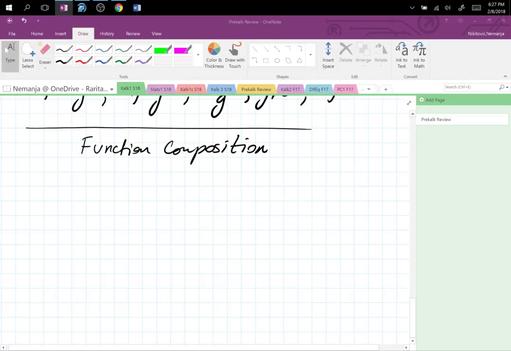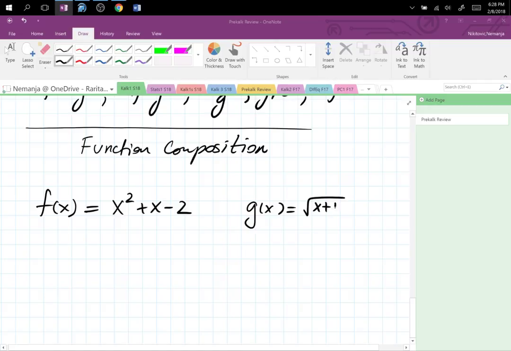Now we are going to describe this particular concept from around us mathematically. I'm going to have a function f of x, which is, let's say, x squared plus x minus 2. And I'm going to have another function g of x, which is, let's say, square root of x plus 1.